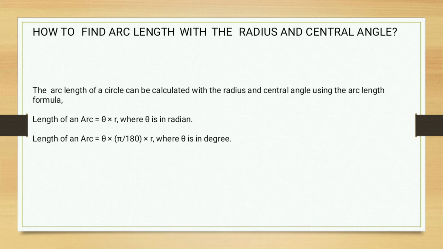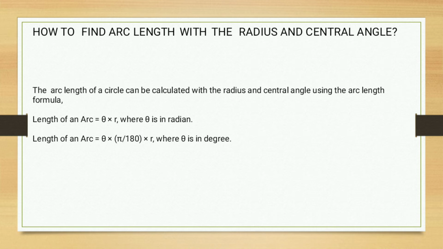How to find arc length with the radius and central angle. The arc length of a circle can be calculated with the radius and central angle using the arc length formula.